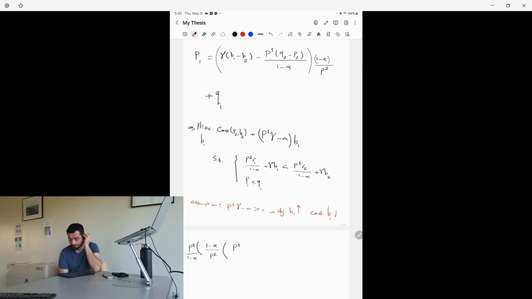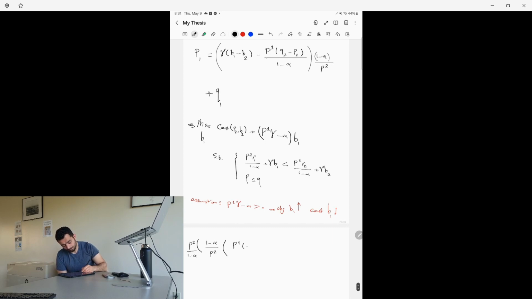Over P2, Q1 minus P1, alpha P2 P1, Q2 minus P2 over 1 minus alpha, minus gamma P1 minus P2.